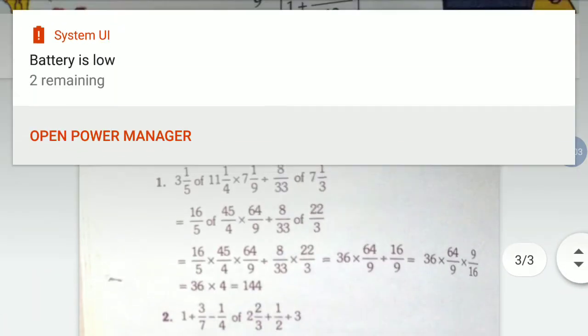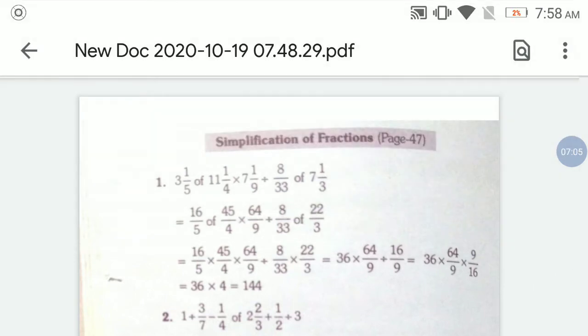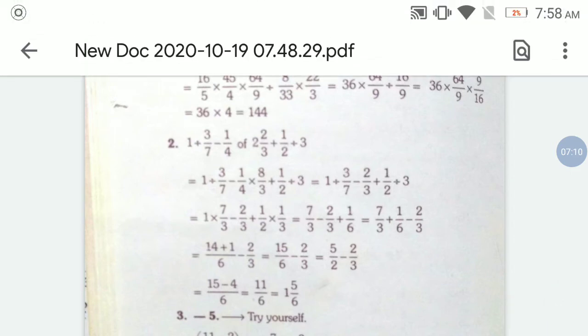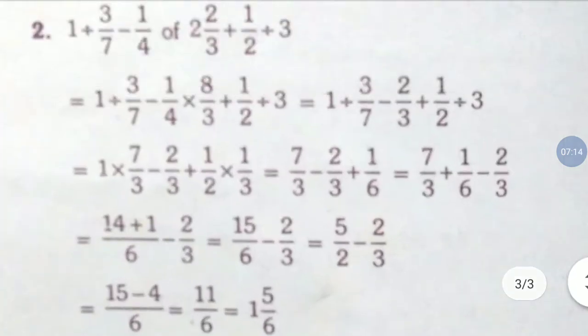Now I will show you the second sum. Second sum is given that 1 divided by 3 by 7 minus 1 upon 4 of 2 whole 2 by 3 plus 1 upon 2 divided by 3.